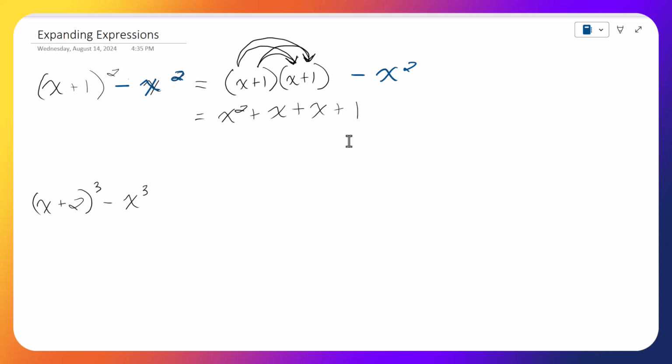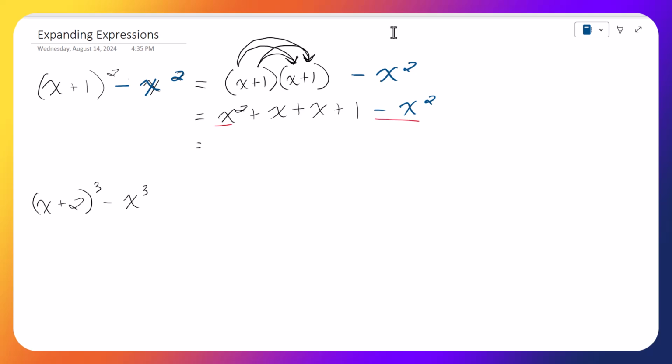So it's pretty much every term times every term. My first term times the other two terms, my second term times the other two terms in the binomial. And again, still not really doing anything with this x squared, but I don't want to leave it behind. I don't want to forget it. And now we're just going to combine like terms, which, well, actually this is where we do something with the x squared because we have x squared minus x squared.